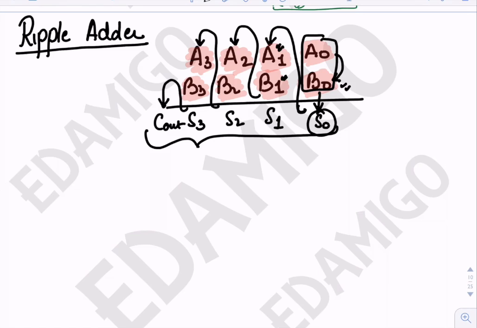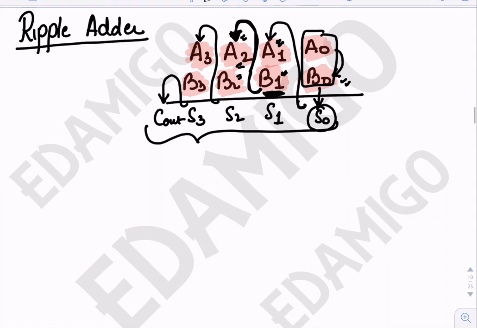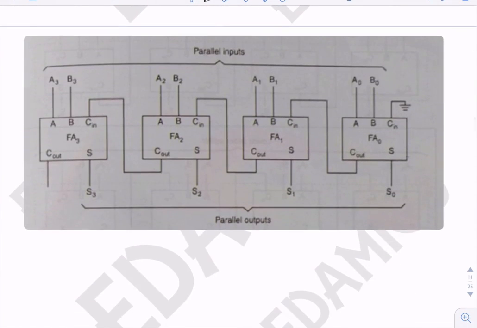Now at the second level, A2 and B2 are the inputs to the full adder, and the carry output of the first level is applied as input to the full adder of the second level. Okay, and so on.